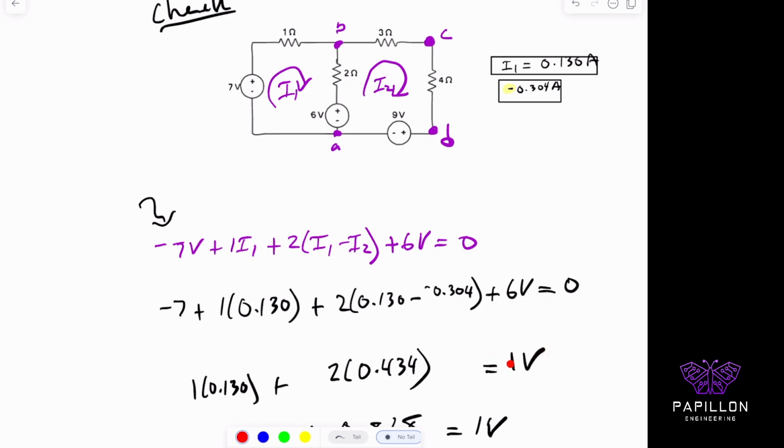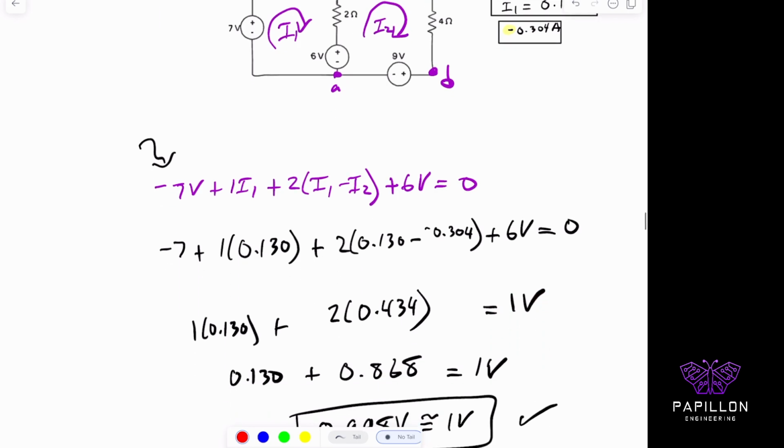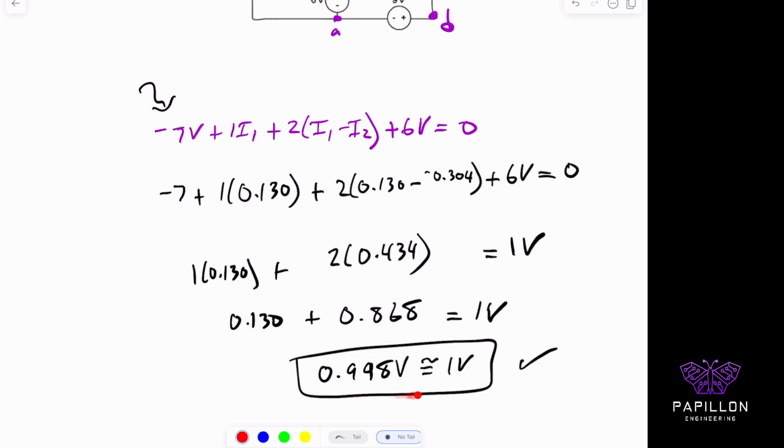Move it to the right hand side because it's 1 volt. And I combine the 2 times 0.434 plus the 0.130, and I get back, again because I rounded, 0.998 volts, which is essentially 1. If I put this to 8 or 9 significant figures, it certainly will come back to be 1 volt. But for the sake of time, let's call those both 1. We'll take that and move on from there.